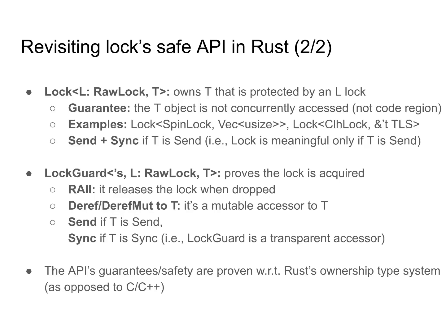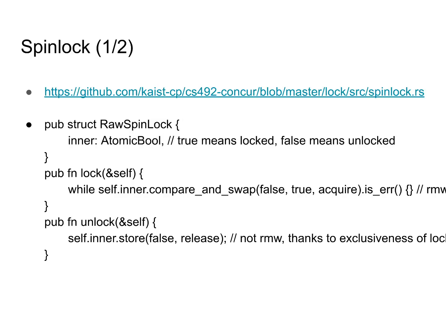Okay, this was about the safe API in Rust, and we are now focusing on the implementation of the locks. We want to implement a SpinLock, and we have to make sure that the SpinLock satisfies the guarantees or the specifications of the locks. The SpinLock is implemented in this file, and this is an excerpt.